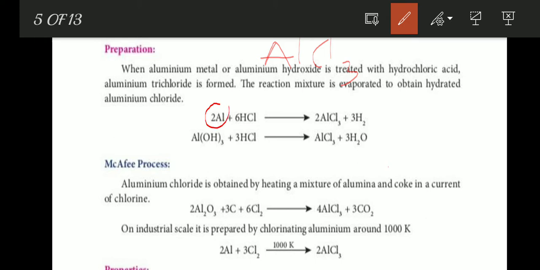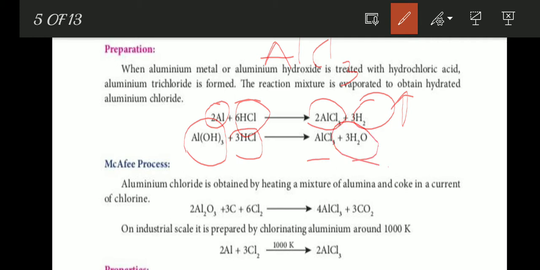Listen, aluminum metal reacts with hydrochloric acid to form aluminum chloride and hydrogen gas. Next, aluminum hydroxide and hydrochloric acid form aluminum chloride and water. It's a very important question, the McAfee process.